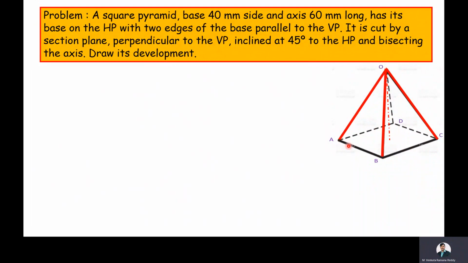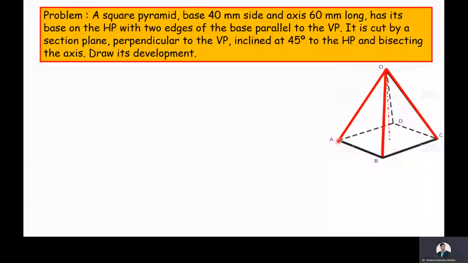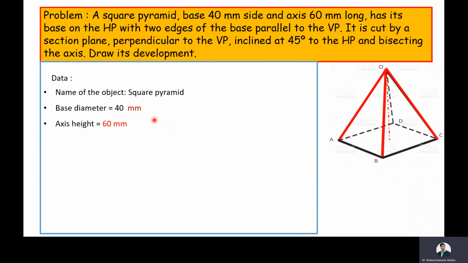Here the base side of the square pyramid is 40 mm and axis height is 60 mm. That is, the name of the object is square pyramid and its base side length is 40 mm, axis height is 60 mm. In addition to these details, what are the conditions mentioned in the problem?